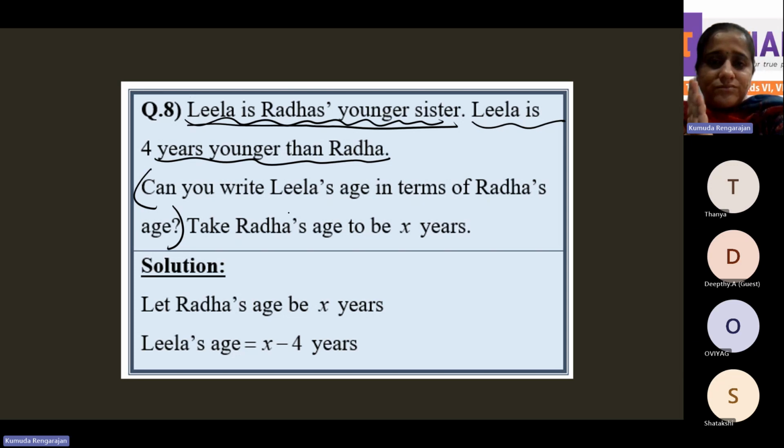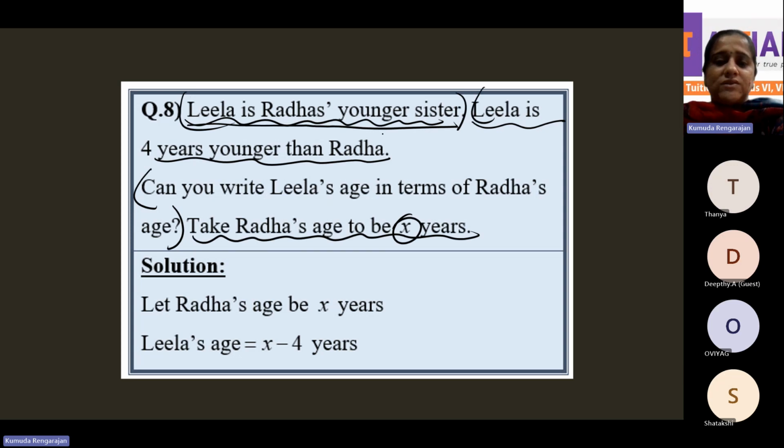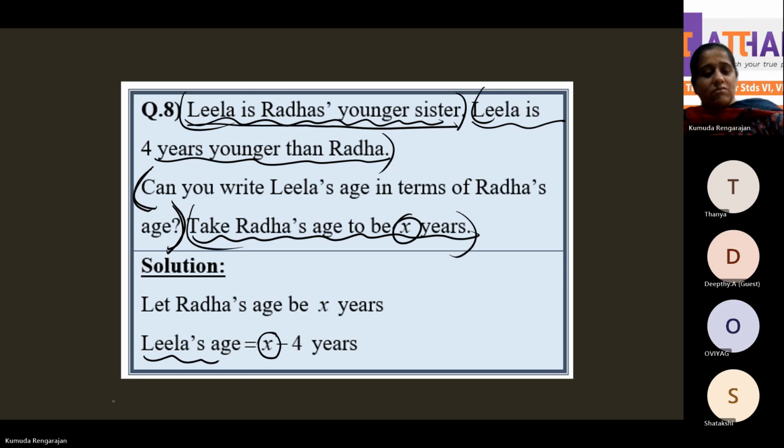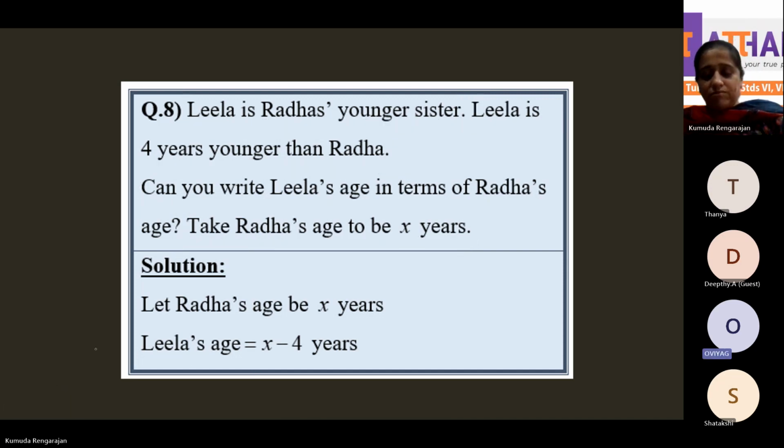And they expect you to take Radha's age as X years. So all this is only information, and only this is the question. Write Leela's age in terms of Radha's age. So here we have written Leela's age using Radha's age. Okay, ma'am.